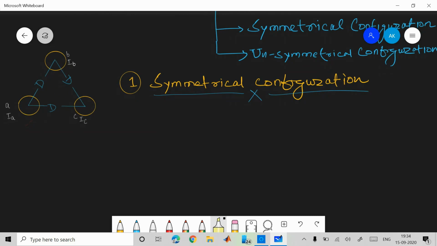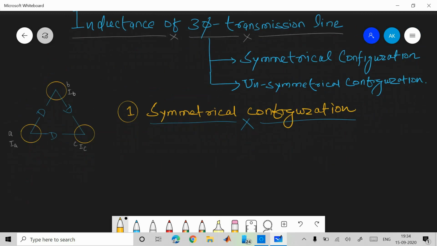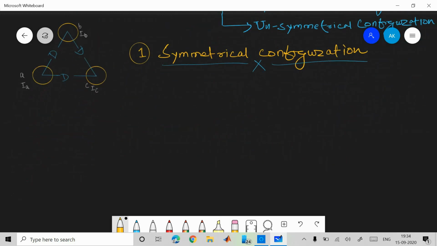So first we are writing the flux linkage of conductor A. First I will write flux linkages of conductor A. How do we write this?